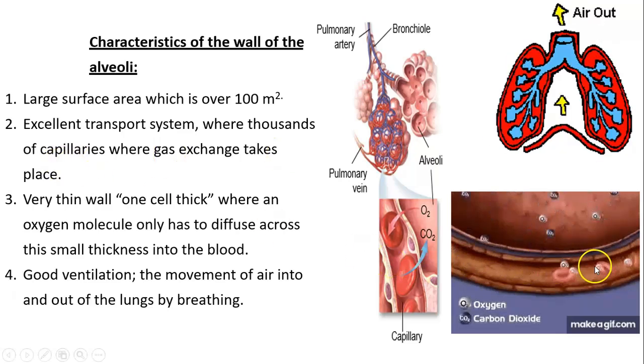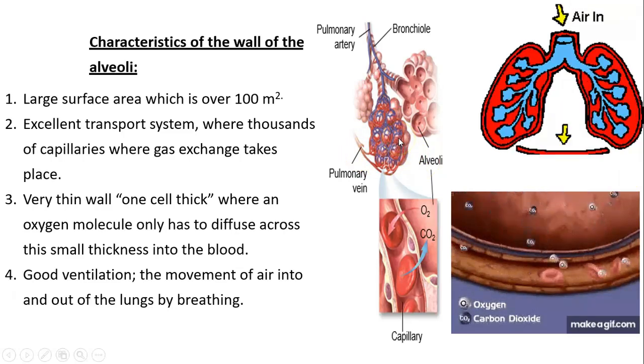As you see here, beside each capillary wall, you will see an alveolus. Can you see here? They are attached to a huge network of capillaries, so that gas exchange can happen easily, and the oxygen gets transported easily. Also, the carbon dioxide gets excreted easily.